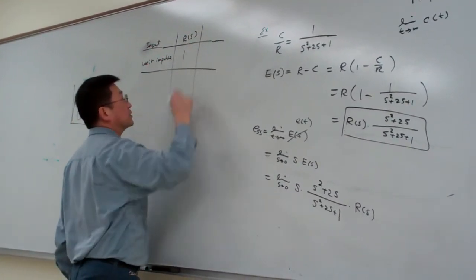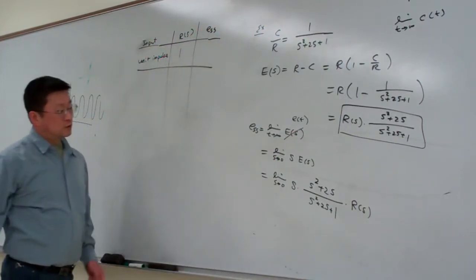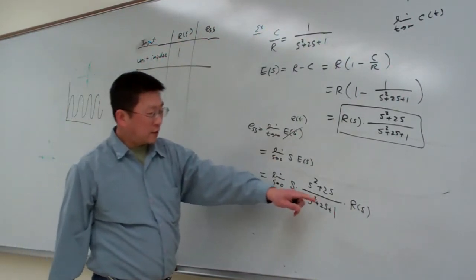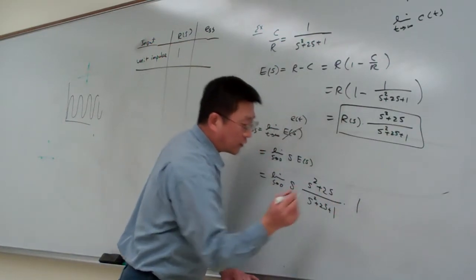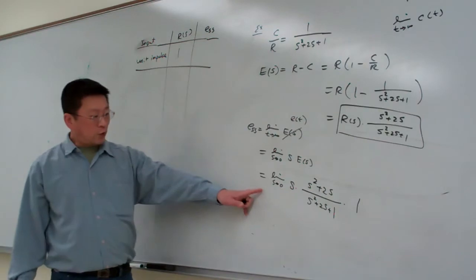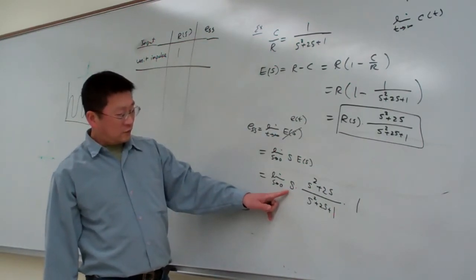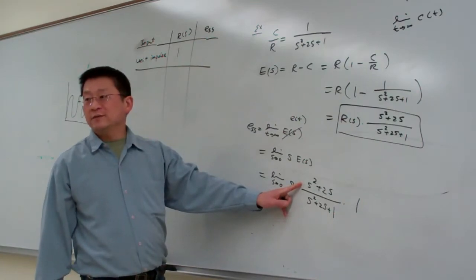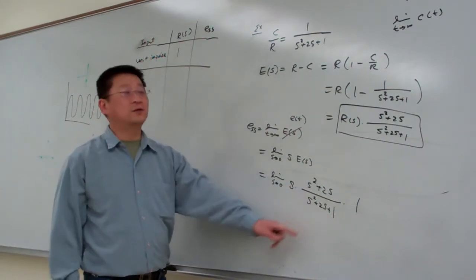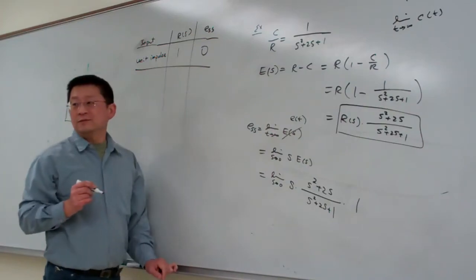And then this is our e_ss. When R of S equals 1, I'm going to take advantage of the whiteboard. Look at this carefully: the numerator equals 0 and the denominator becomes 1. So this value equals 0.